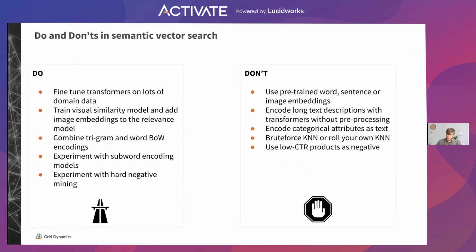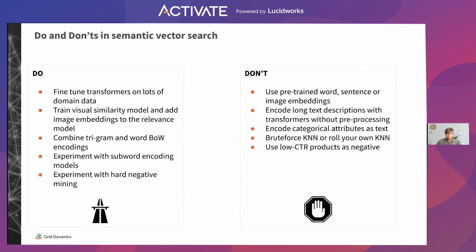And during the several projects which we've accomplished with multi-vector search, we've found that there are several key aspects that you should follow when you're trying to do this feature join. First of all, don't try to use pre-trained networks. It's happening for transformers and it's happening for image embeddings.